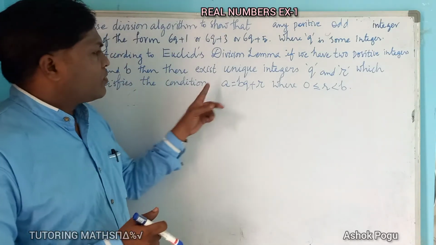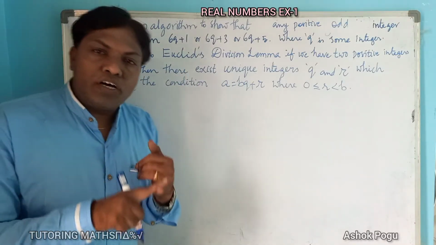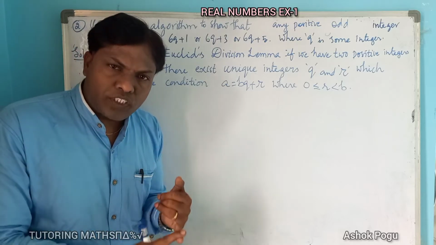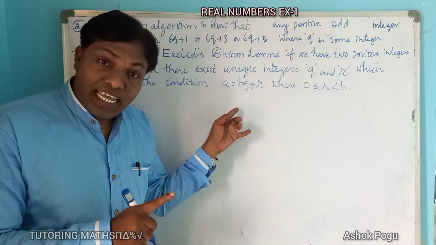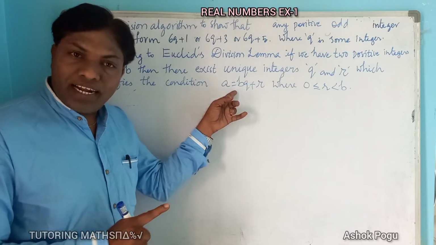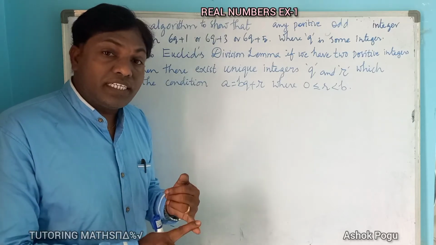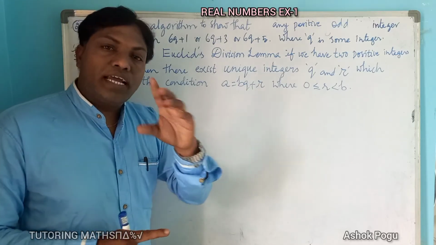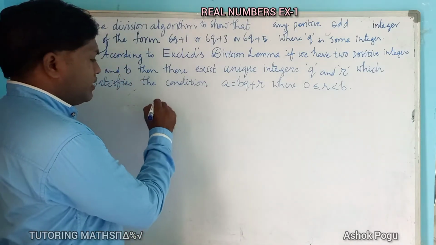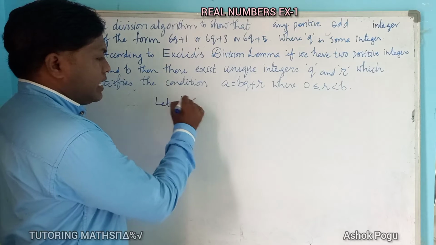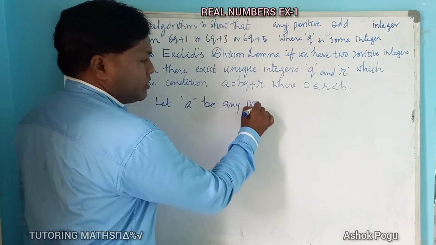Here, for example, a is any positive integer. If you divide a by 6, then you get q as quotient and r as remainder. Let a be any positive integer.